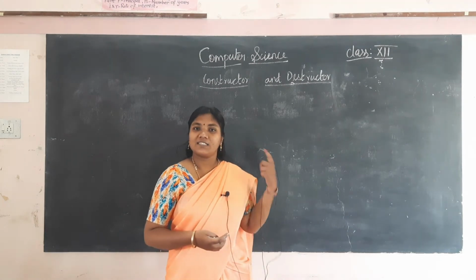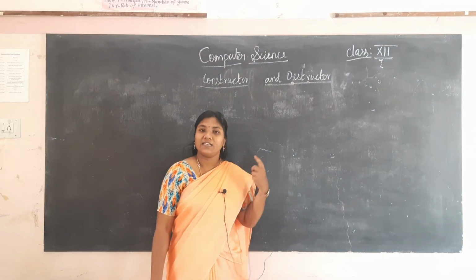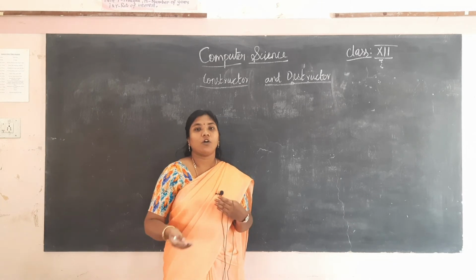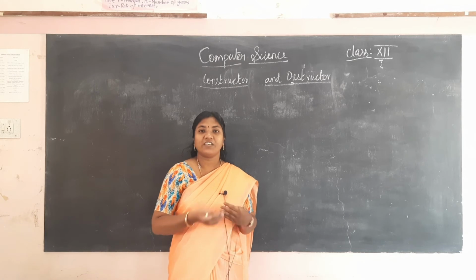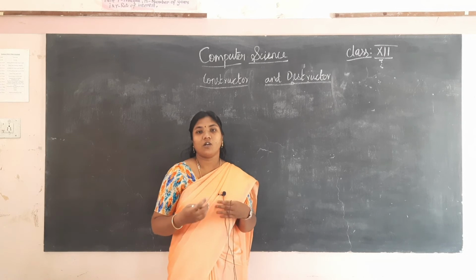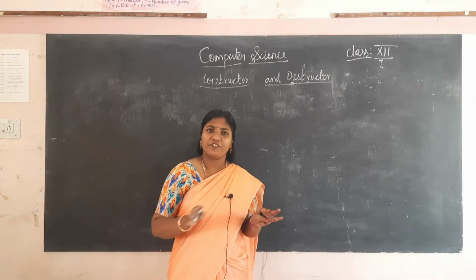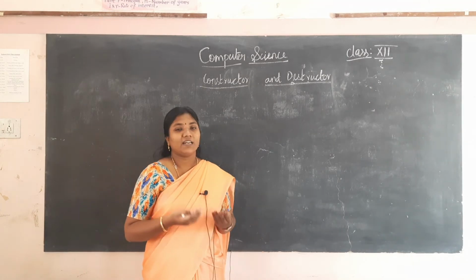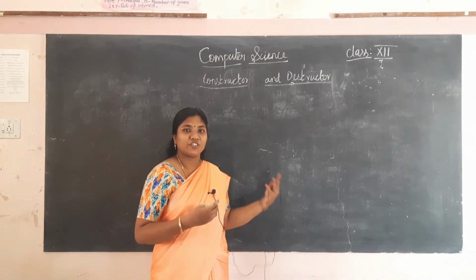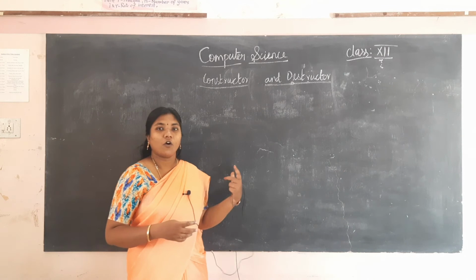A constructor is a function which is called automatically when an object is created for a class, and a destructor is also a function which is called automatically when you come out of that class, that is, when the class is out of scope. Other than that, they follow the same function concept: they can have one or more arguments, and they are accessed the same way as other functions. But we need not call them explicitly, as they are called automatically.